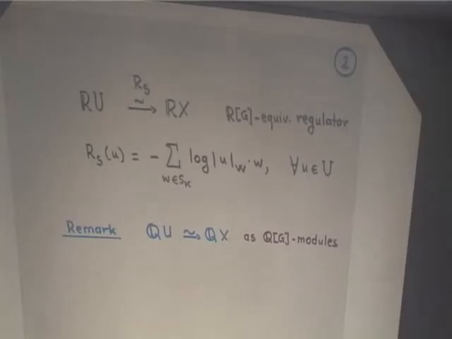And the isomorphism is given by this regulator map, which depends on S. It's minus the sum for all W in Sk of the logarithm of a normalized absolute value associated to W, evaluated at u, times W, for every single u in capital U, and then you extend it by R linearity. And what happens is you get an R[G] isomorphism. This is the so-called R[G] equivariant, or the G equivariant, regulator map.